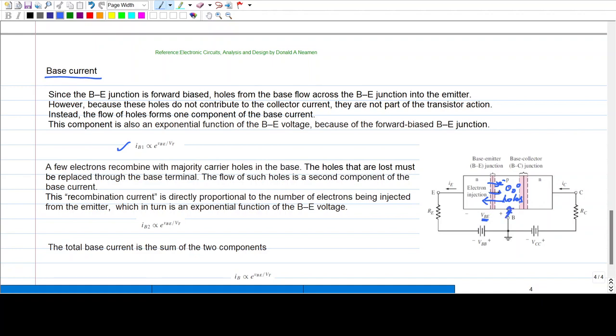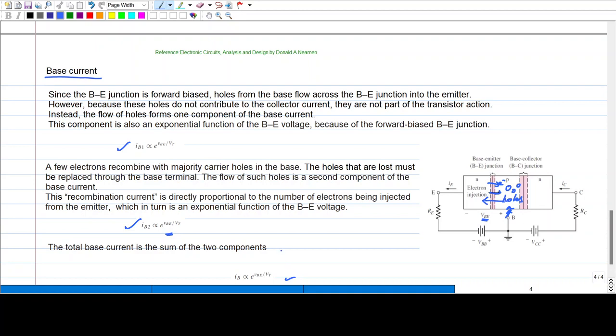To compensate for this loss of holes, the base terminal will supply holes. So this flow of holes will contribute the second component of the base current. Again, this is also proportional to exponential of VBE by Vt. So the base current has two components, and both components are proportional to exponential of VBE by Vt.